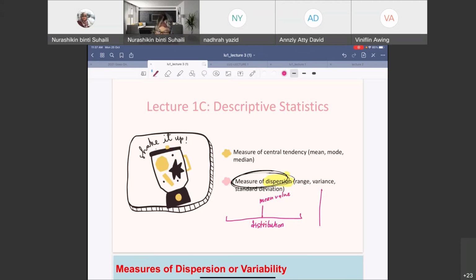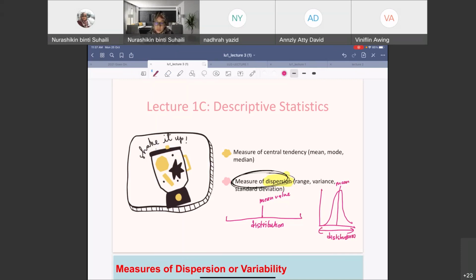Let's say we describe it in the form of a graph like this. Let's say this is the mean value, and this is the whole distribution.